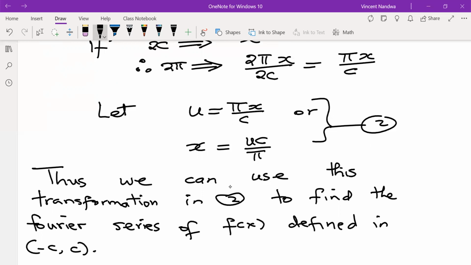So we are going to make use of this transformation, which relates the x value that has period 2 pi in the original formula 1, and this general value, which is given from the interval minus c to c.